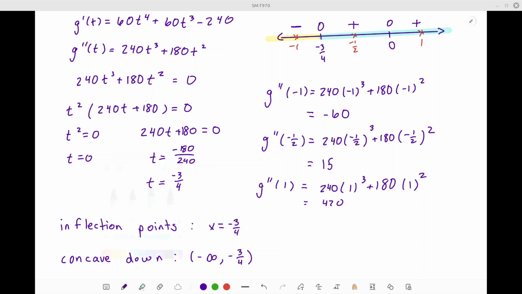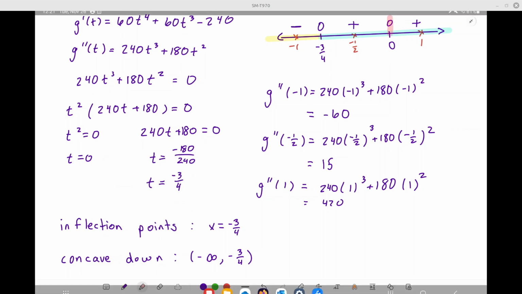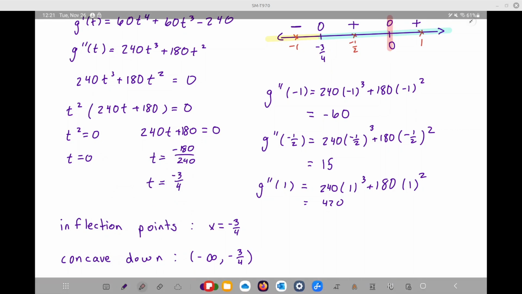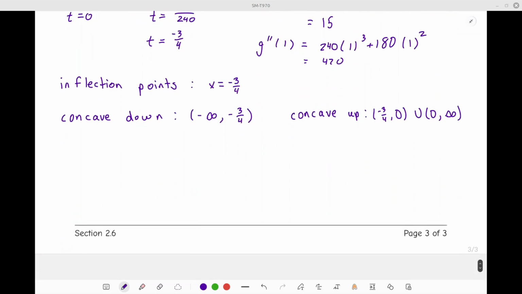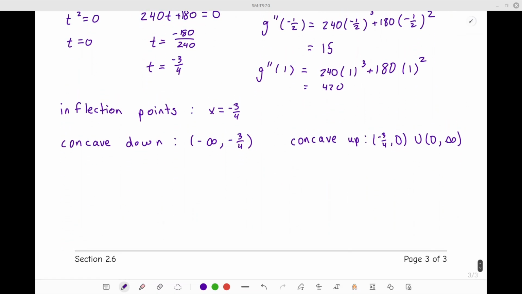And again, you may be tempted to write it as one interval, but technically when the second derivative is 0, it's neither concave up nor concave down. So we have to split that up at that point. So then it's concave up from negative 3/4 to 0, union 0 to infinity. And that's the end of section 2.6.